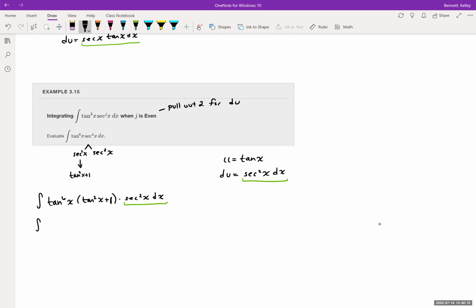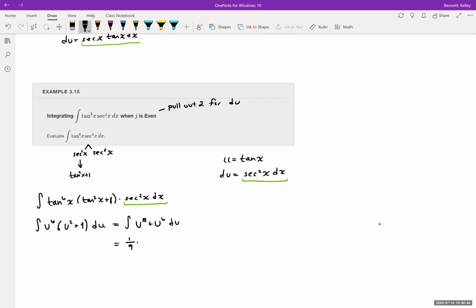So I'm going to get u to the 6th times u squared plus 1 du. Another really straightforward integration. So just rewriting the integrand one more time, u to the 8th plus u to the 6th du.